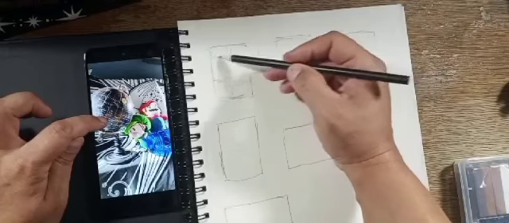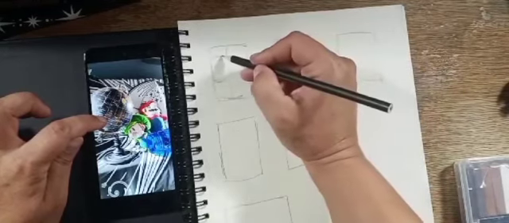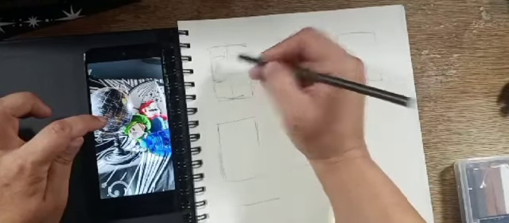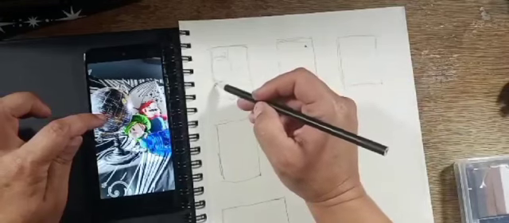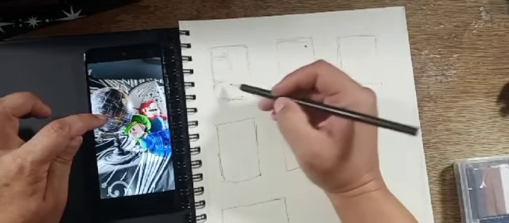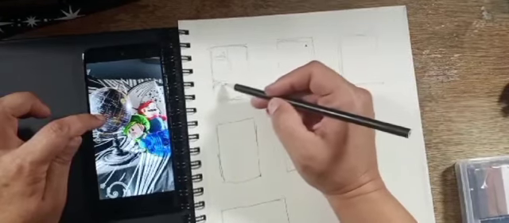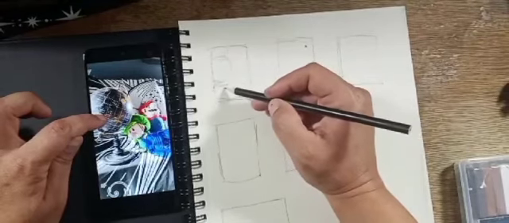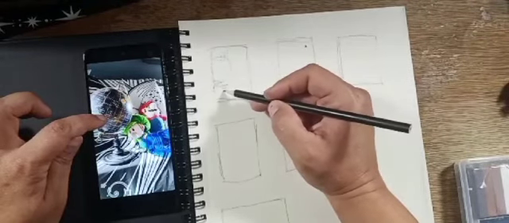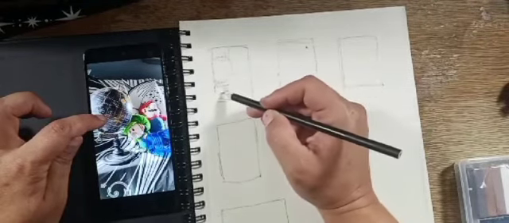So this is a very loose sketch. I'm not super worried about this right now. I don't want it to be perfect. It does not have to be perfect. I am just getting an idea of the composition that I want, which is how the images will lay on your picture plane.